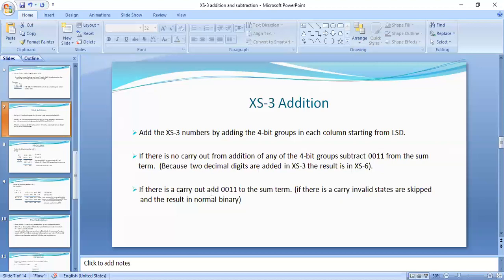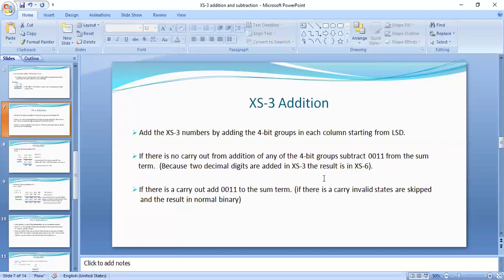Next, if there is a carry out from one 4-bit group to another 4-bit group, what we have to do is add 0011. Why? Because if there is a carry, there are no invalid states and the result is in normal binary.